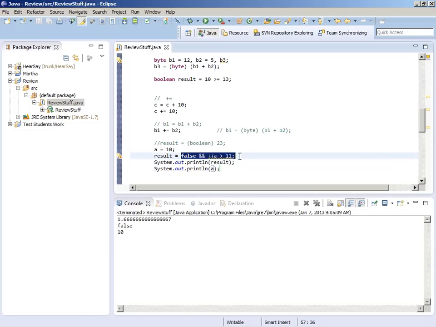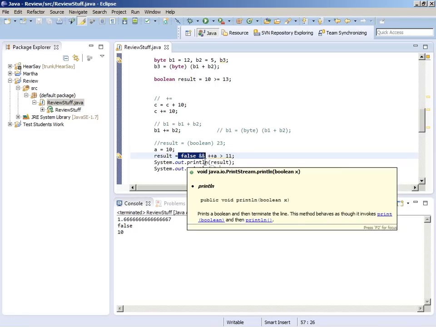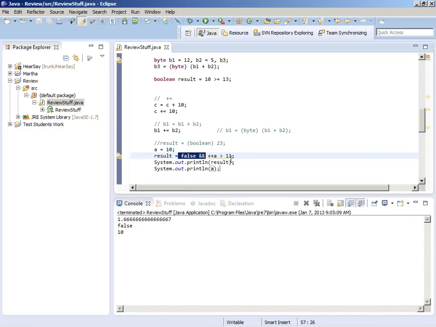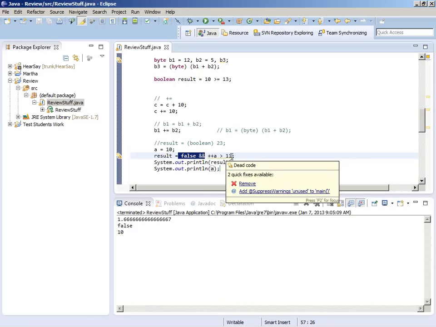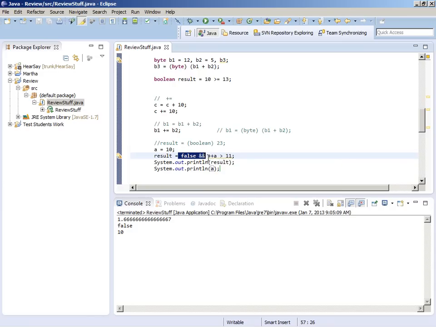We evaluated this expression. We stopped here. We didn't do the right-hand side of the and, and that means that the side effect of evaluating this expression, the side effect was that A was incremented, but we didn't do it. And we didn't do it because we used the two-keystroke operator, which says once you know the result, you don't have to do the right-hand side.